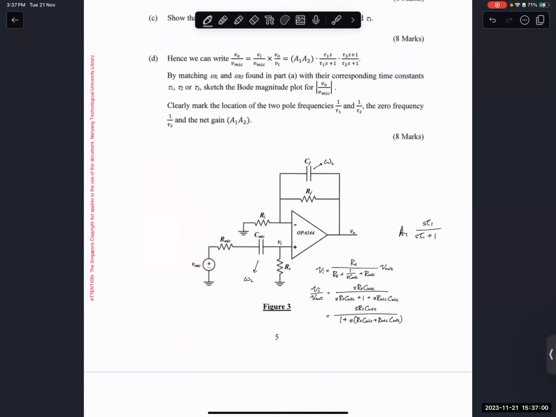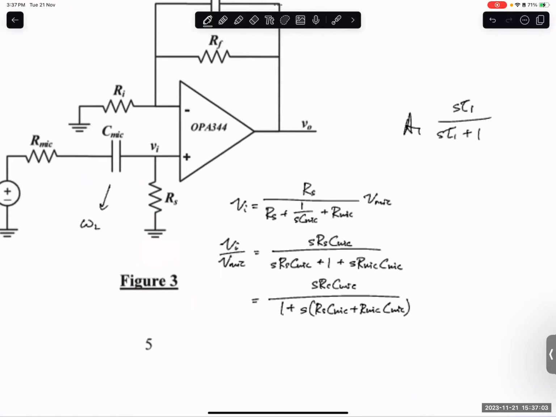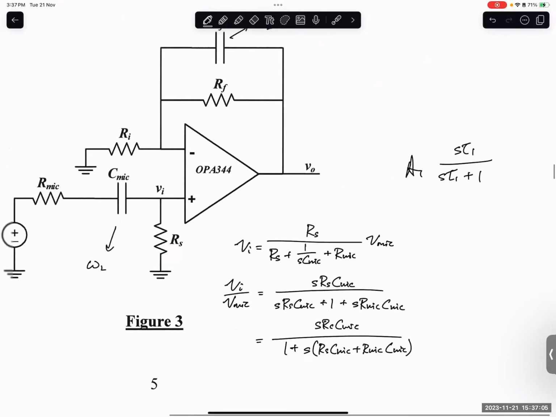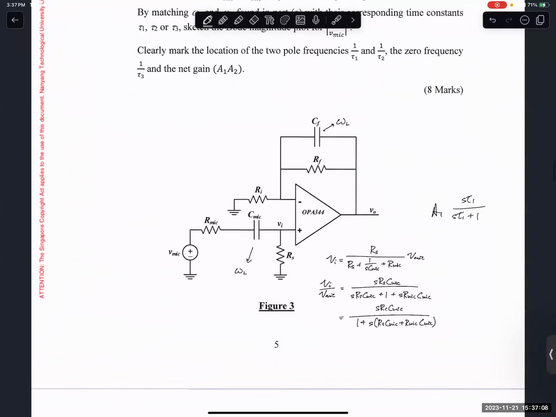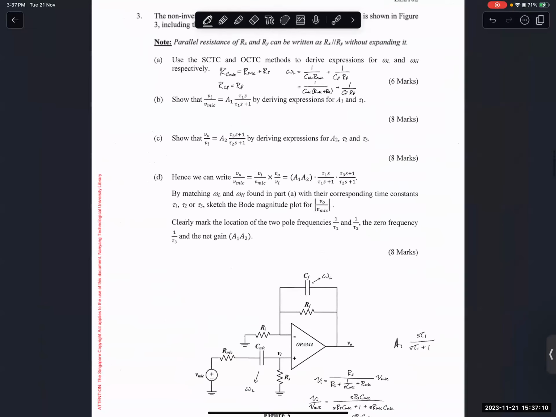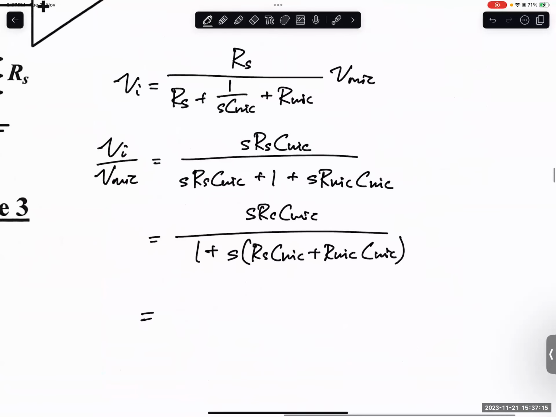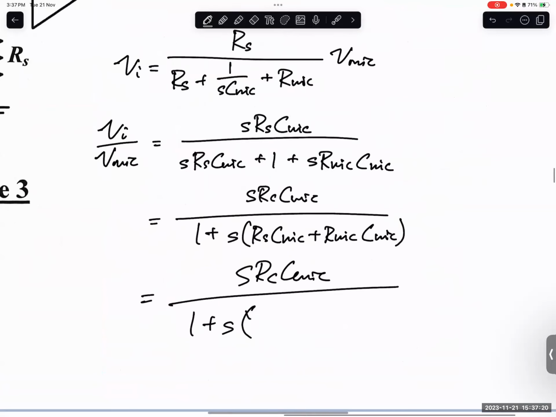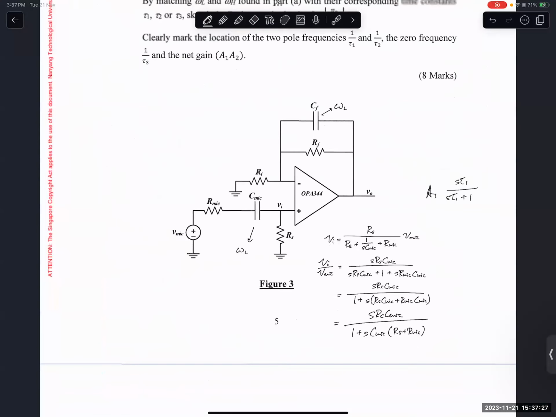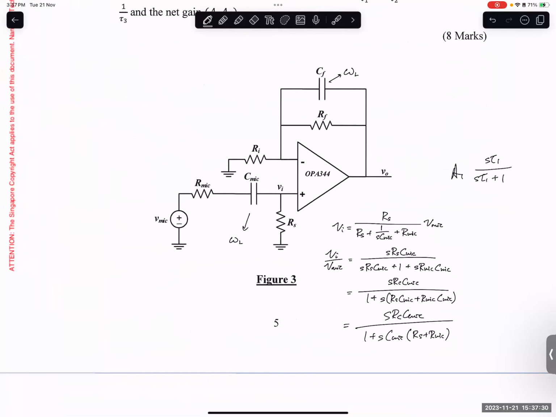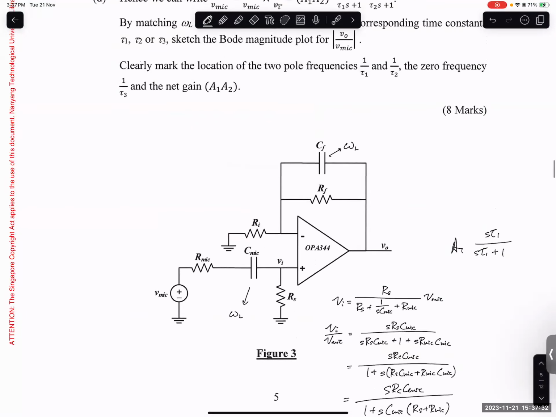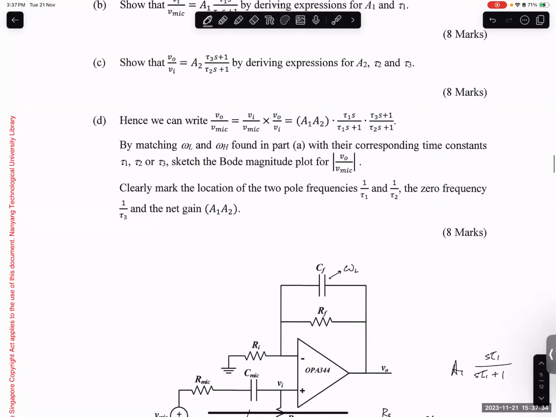Our τ1 should actually be, remember, R_mic plus R_S, 1 plus sC_mic, right? It's R_S plus R_mic, right? Yes, which is the same as the one on top. Yeah, R_mic plus R_S. Yeah, correct.